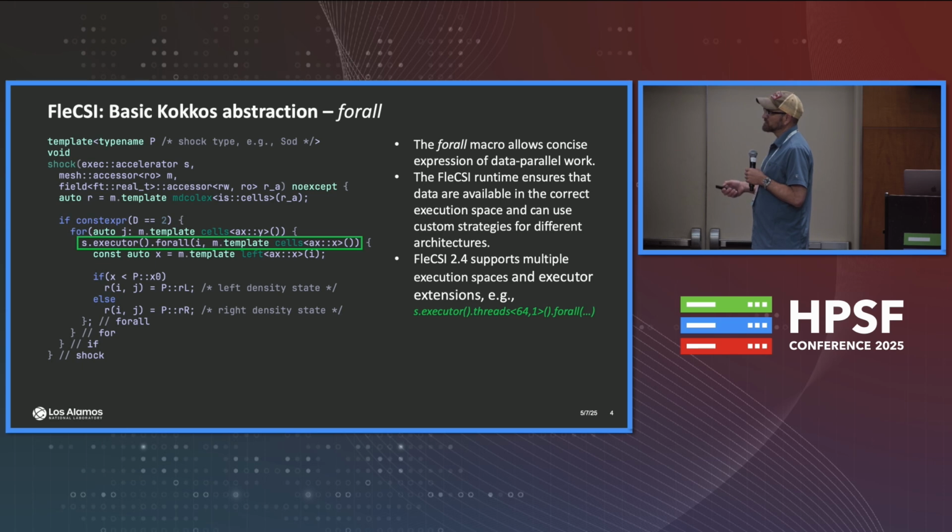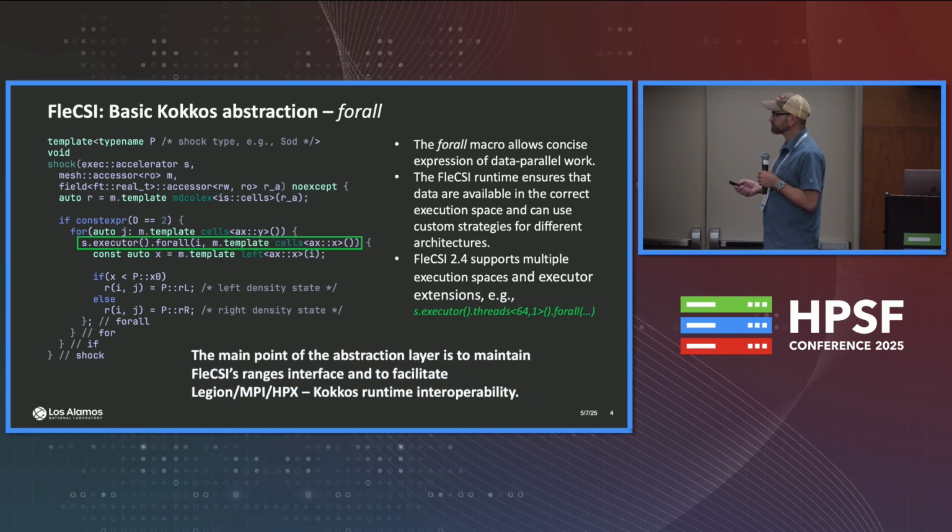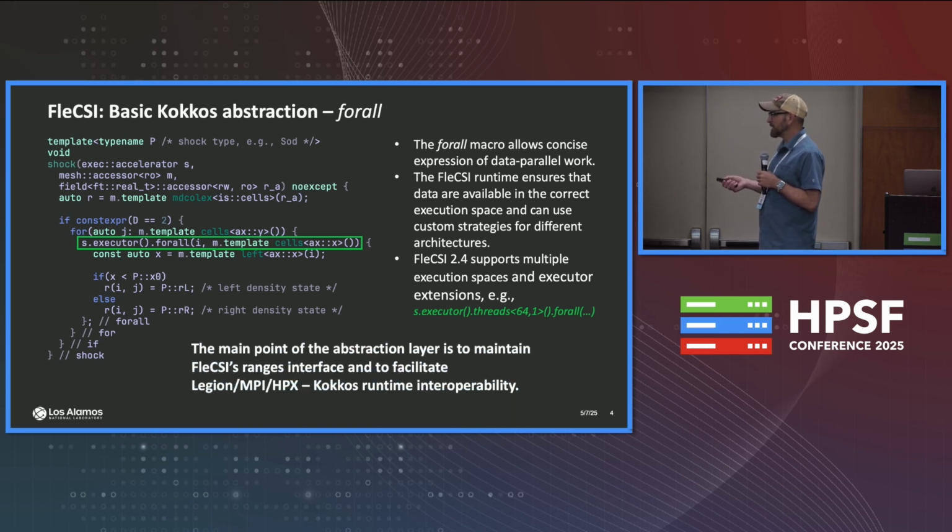We use it to wrap the user's lambda function for Kokkos, and we have some other extensions so you can define thread block sizes and information like that for optimization. Again, the main point of the abstraction layer is to make this all seamless between using Legion and Kokkos, or MPI, Kokkos, HPX, and so forth.